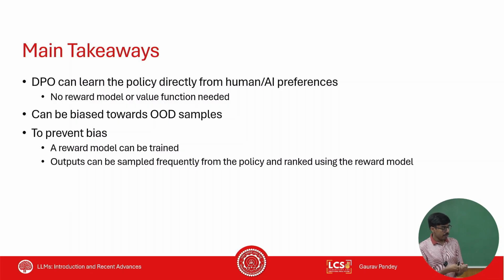So what are the main takeaways from here? DPO can learn a policy without an intermediate reward model or a value function, but it can be biased towards out of distribution samples. To prevent bias, you can optionally learn a reward model and then sample frequently from the policy and rank the samples using the reward model. Okay. All right.